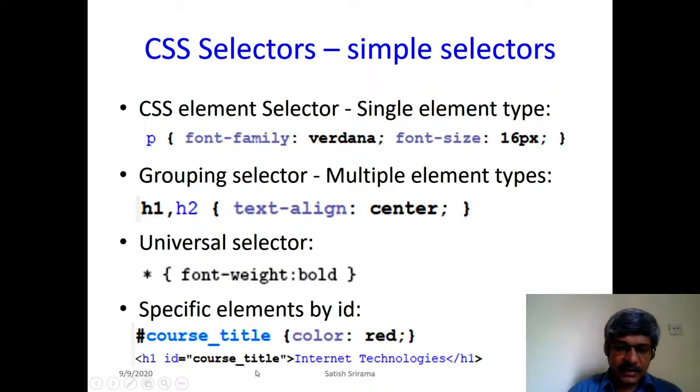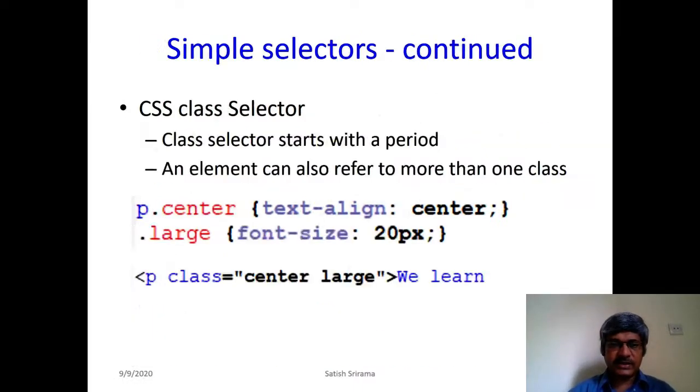You set that ID as course title, and within the CSS you will have the hash, course title, which is the ID name. Then whatever this H1 is, it is rendered following this style. So this is a specific element by ID. We'll see all these things in examples.